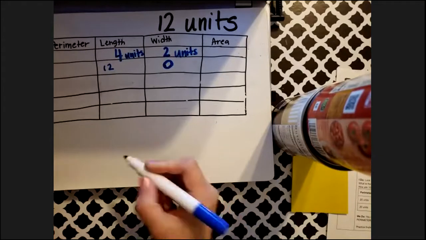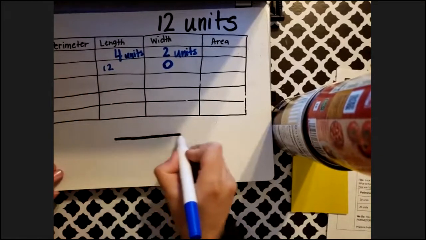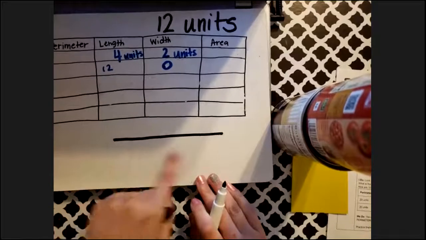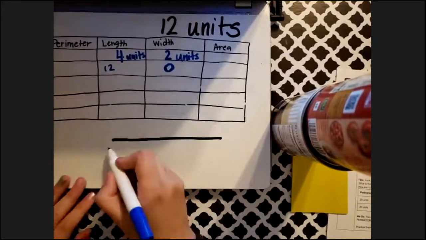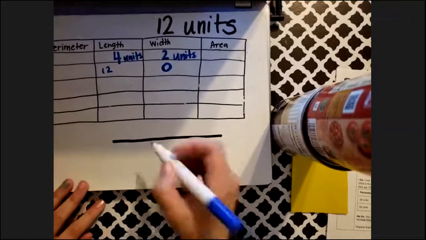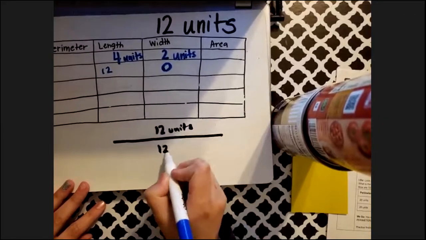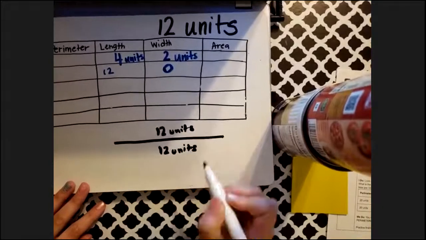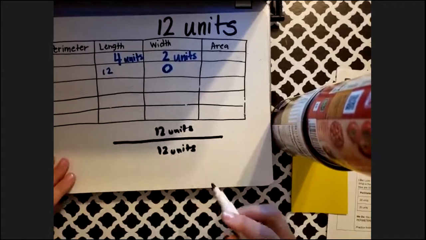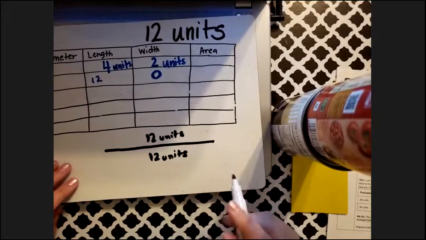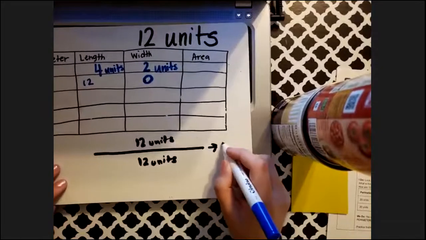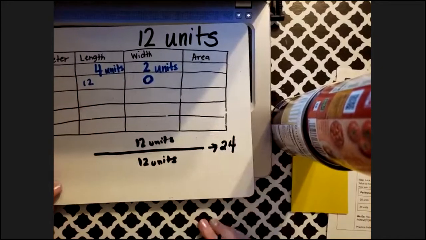If I do a rectangle with a length of 12 and a width of 0, well, I can't really draw 0. So this would be 12 units, and this would be 12 units down here. Even if I just did 12 plus 12, that would give me a perimeter of 24 units.